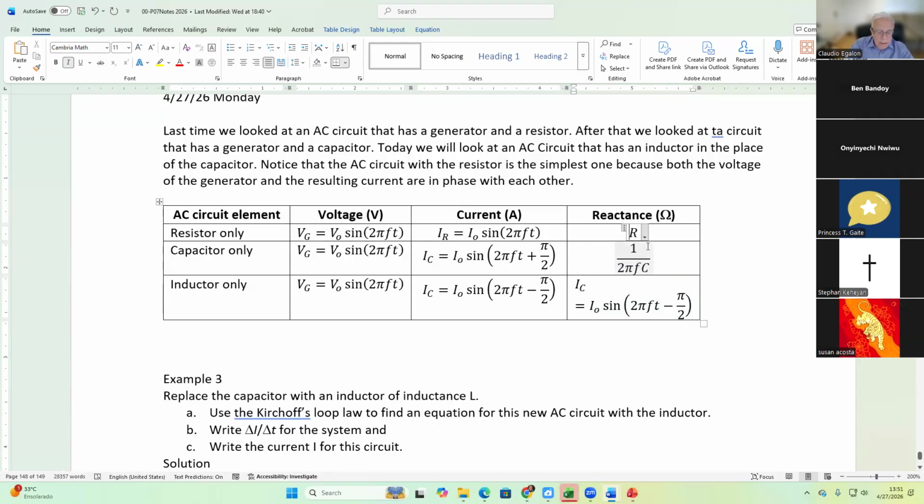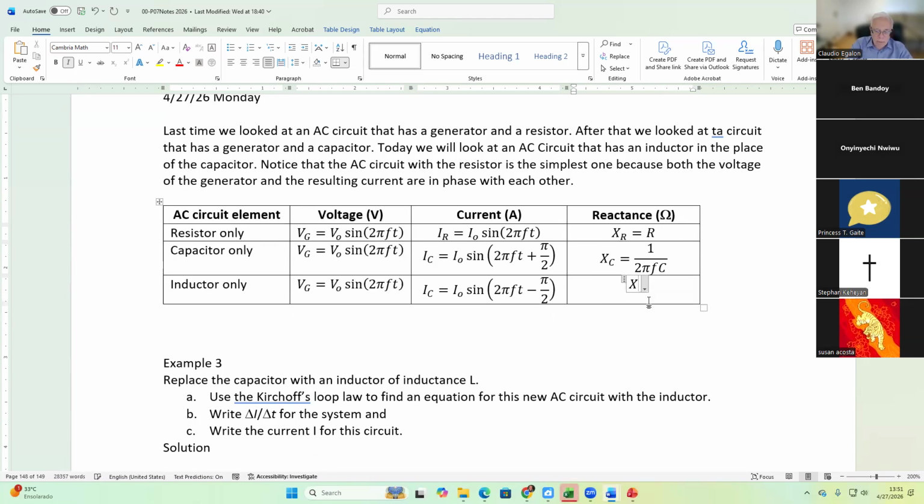Let's come up with that notation, right? Here is going to be capacitive reactance, and then we're going to have an inductive reactance here. Let's see what that's going to be. And that's what this example is all about.